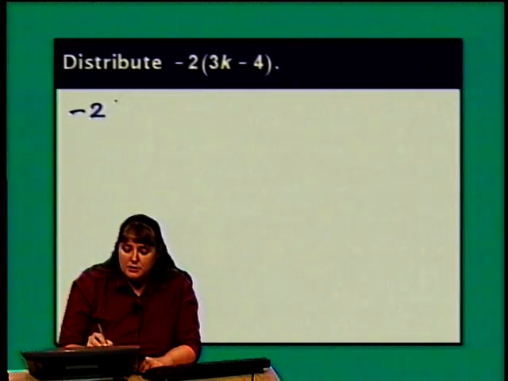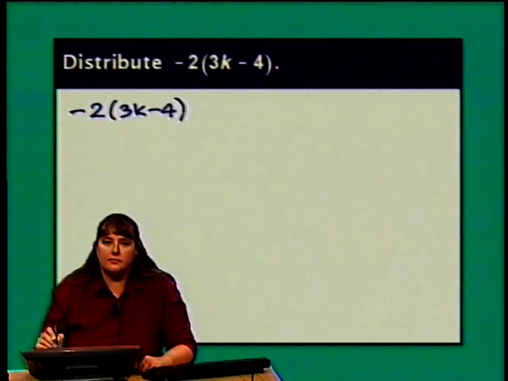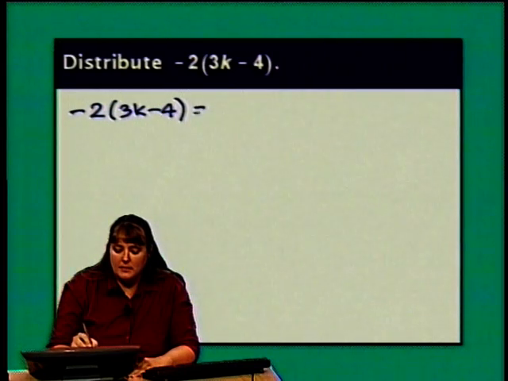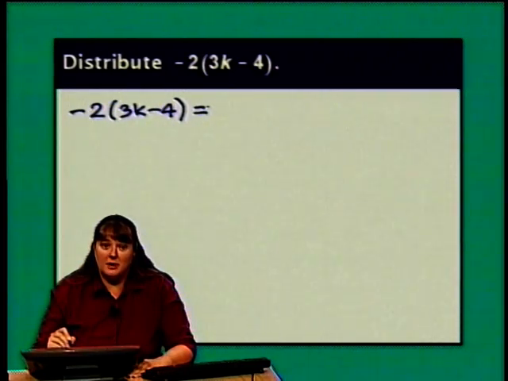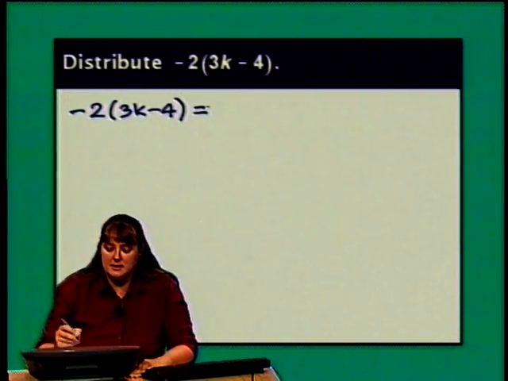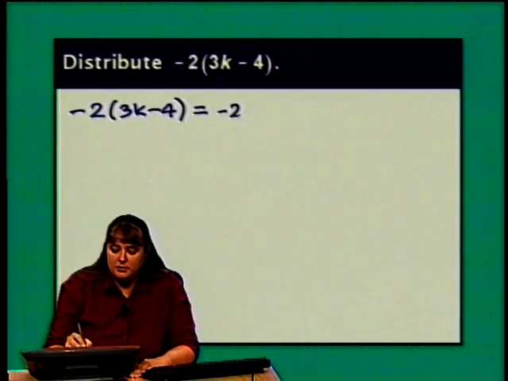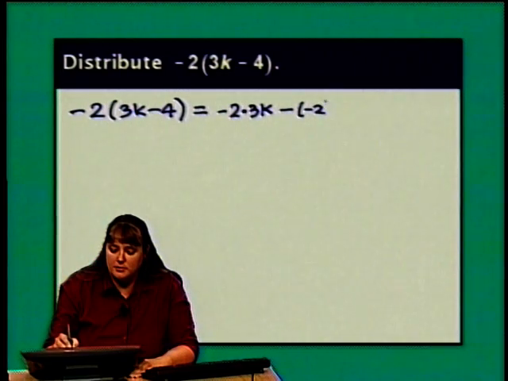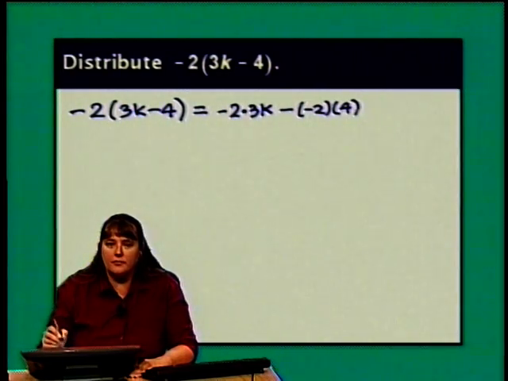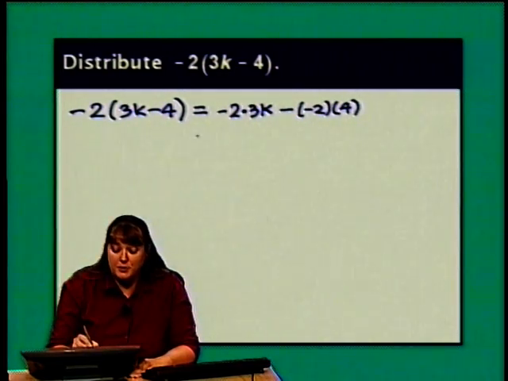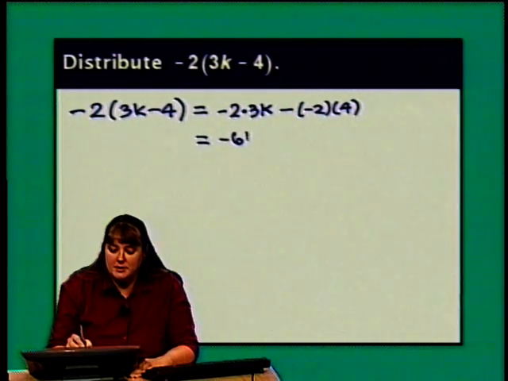Now let's try negative 2 times the quantity 3k minus 4. I need to distribute the negative 2 to both of the terms in parentheses. So I have negative 2 times 3k minus negative 2 times 4. Negative 2 times 3 is negative 6, so my first term is negative 6k.